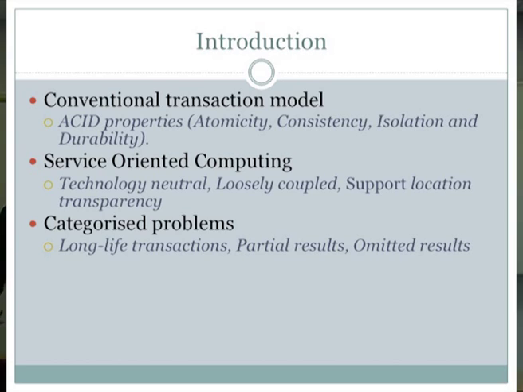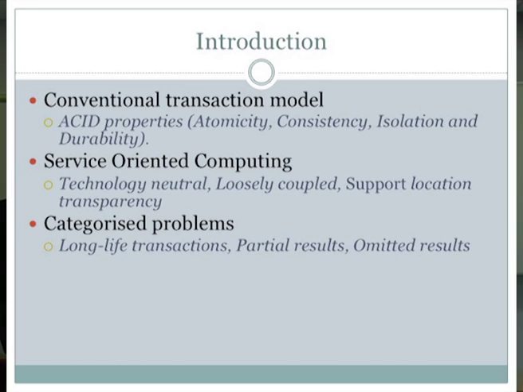Partial results. Again, an important business transaction is going to be run, and there is a little problem somewhere, and we have to do something about it. Based on the ACID property of atomicity, we cannot wait in the middle.